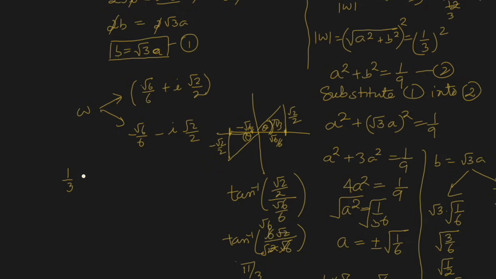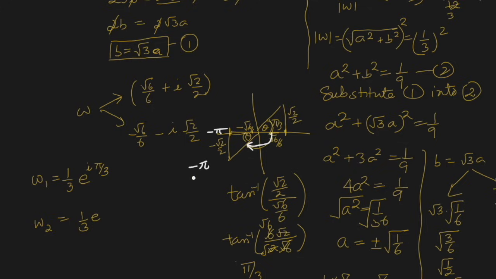So the first one, R is already there. So let me write omega 1 is 1 over 3 e to the power i pi by 3. Omega 2 is negative. No, not negative. Modulus cannot be negative. So 1 over 3 e to the power, and the angle is this big, and that will be minus pi. This is the argument for the second one, which will be negative pi here, right?